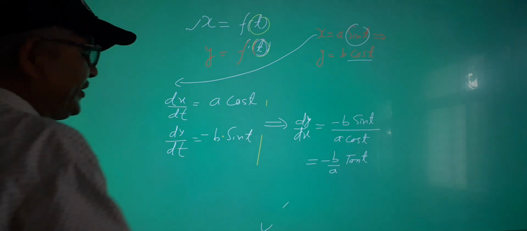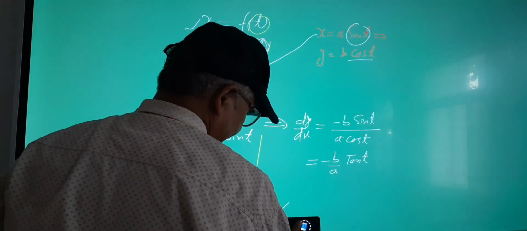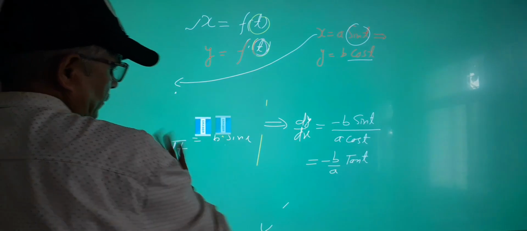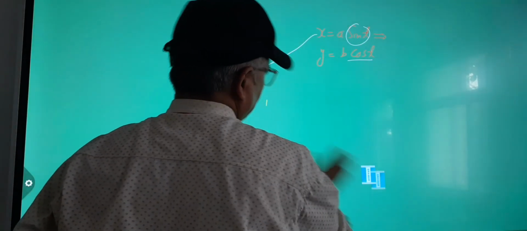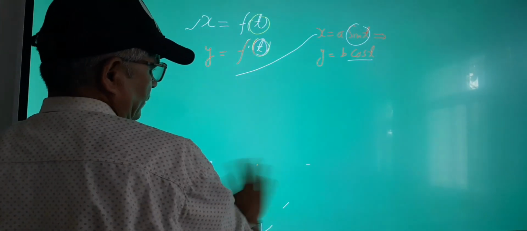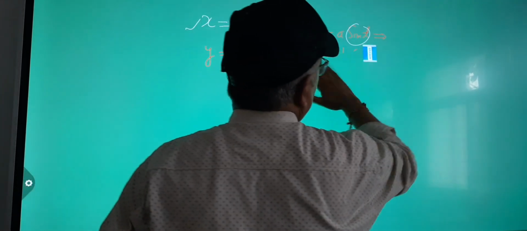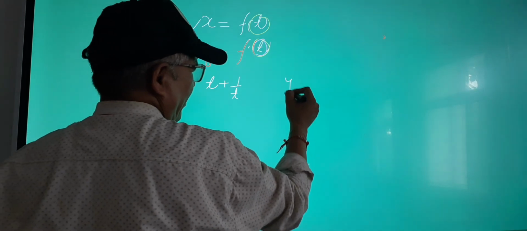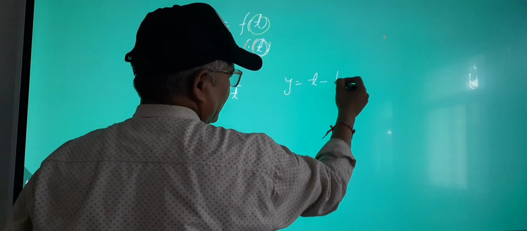Okay, the next level of question, I am writing here: x equal to t plus 1 upon t and y equal to t minus 1 upon t.